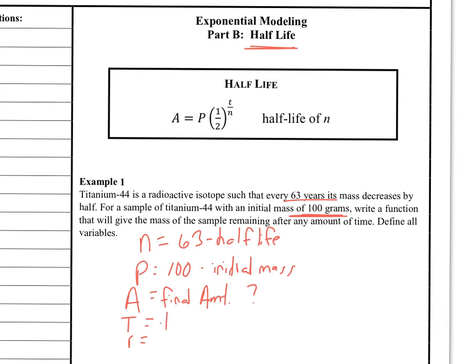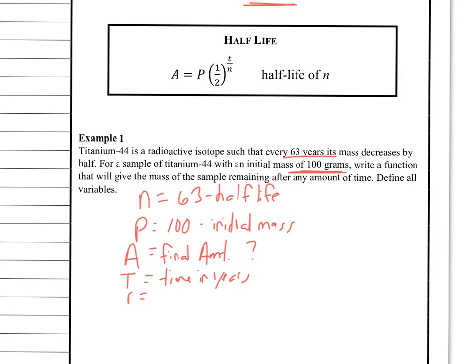T is the time in years, and that's what we'll know in the problem. And then r is the rate, the decay rate. It says it decreases by half. So 0.5 is the rate of decay.